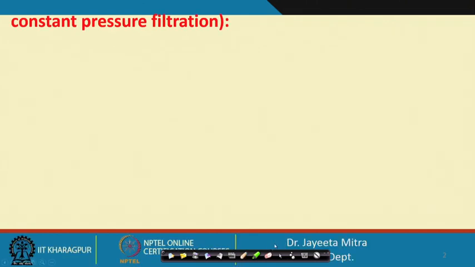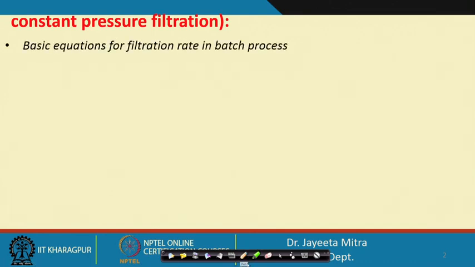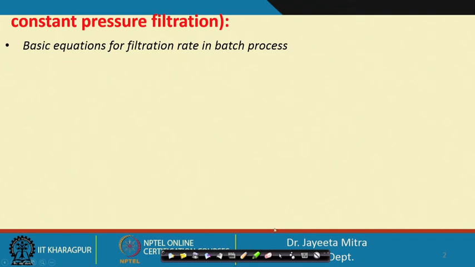First we will discuss constant pressure filtration. We have seen normally that the pressure may change because of the deposition of the cake on the filter medium. If the deposition increases, obviously the pressure drop will increase.